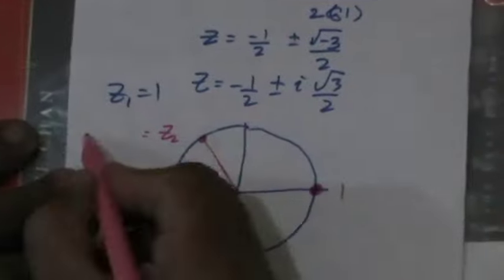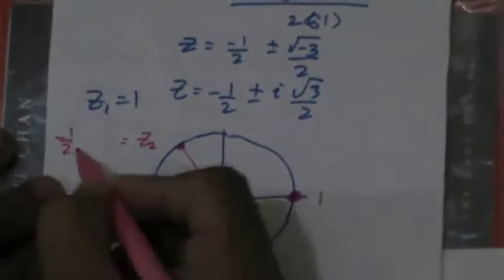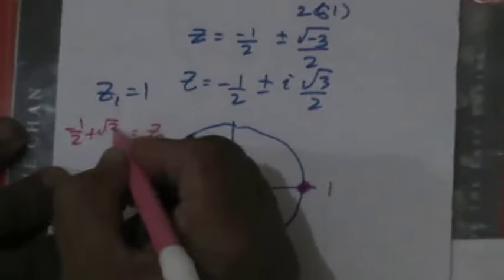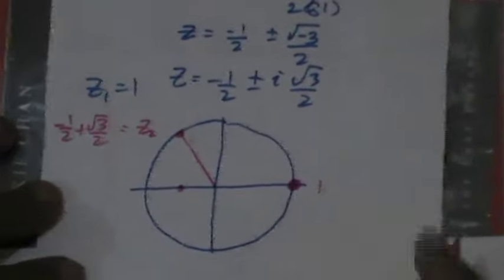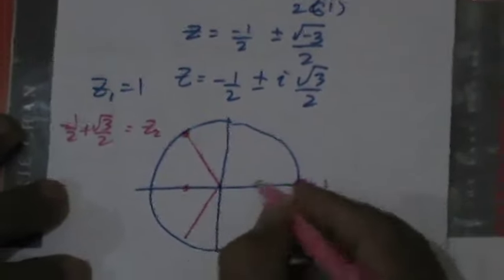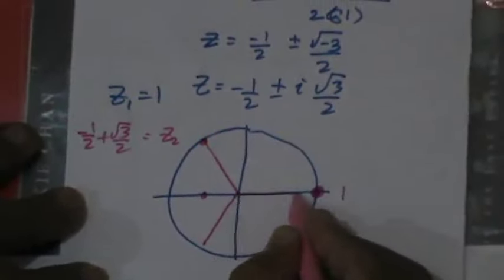Which is equal to negative 1/2 plus the square root of 3 over 2 i. And the other one is actually the conjugate. As you can see in this diagram, the other one is the conjugate of that.